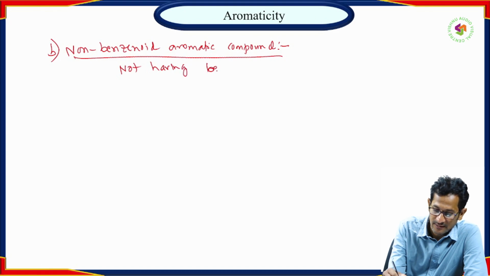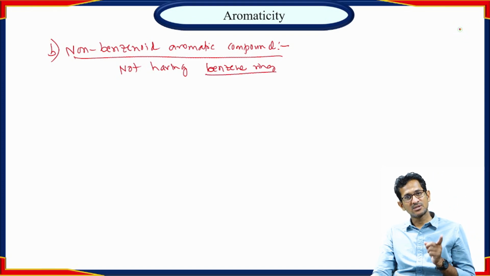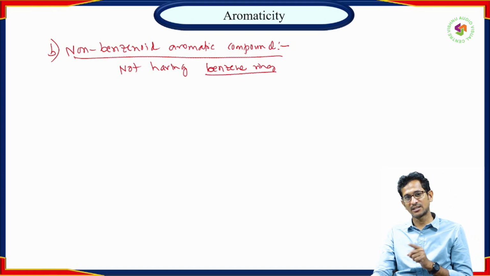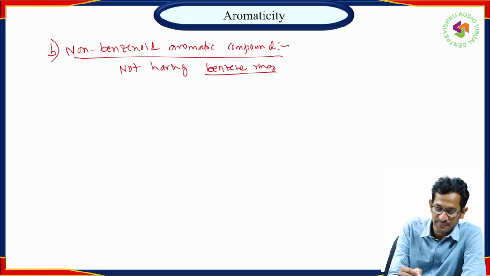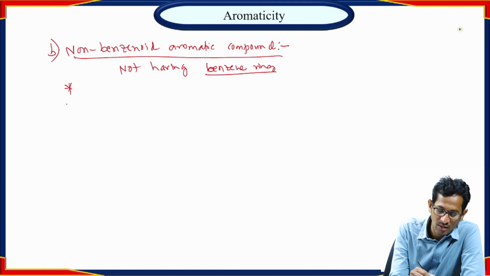For benzenoid it must have at least a benzene ring; here there is no presence of a benzene ring. Therefore, these non-benzenoid aromatic compounds are other than 6-membered.